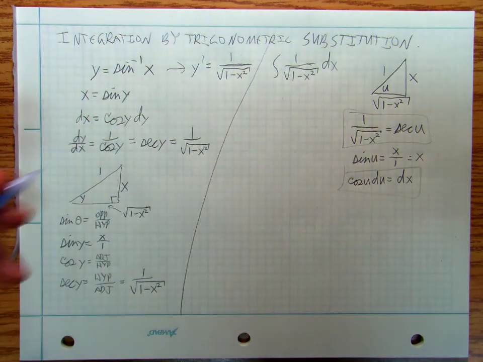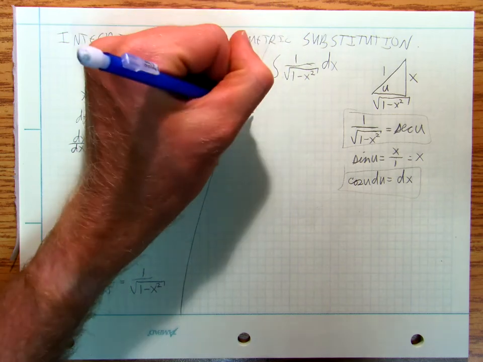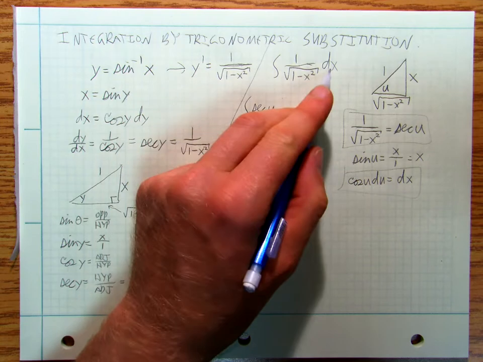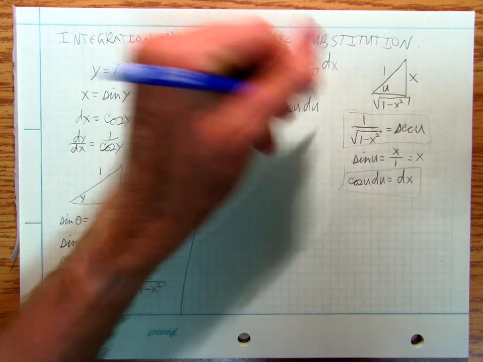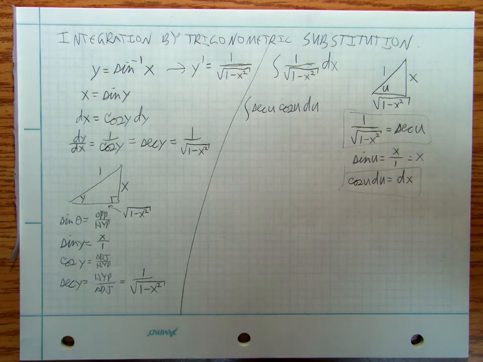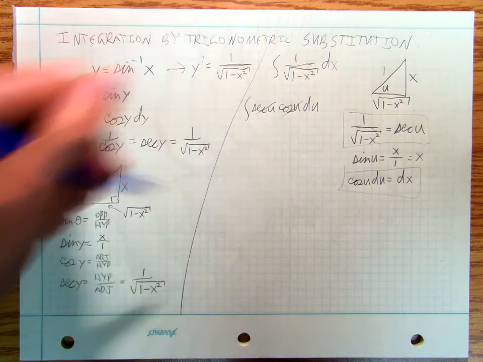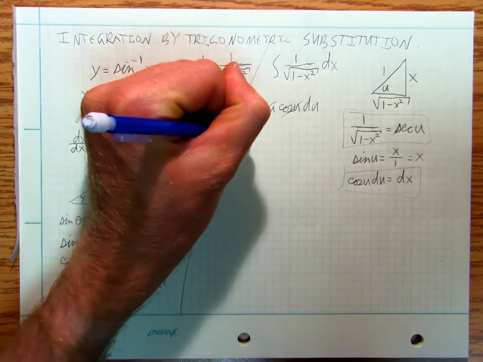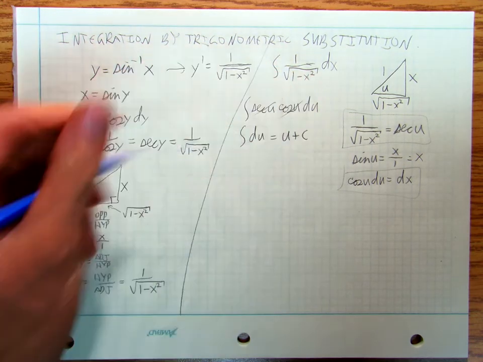Okay, my two substitutions go in here, so I have the integral of secant u, and then dx is cosine u du. Well, now secant u and cosine u cancel each other out, so I've got the integral of du. Well, that's going to be u plus c.